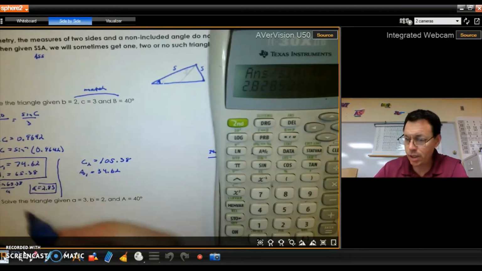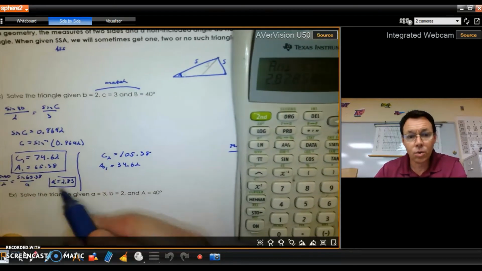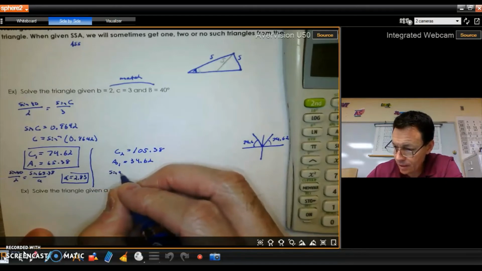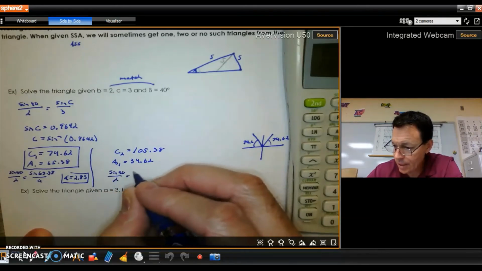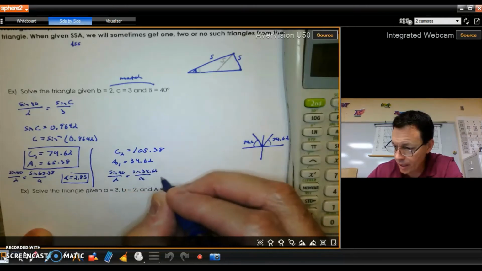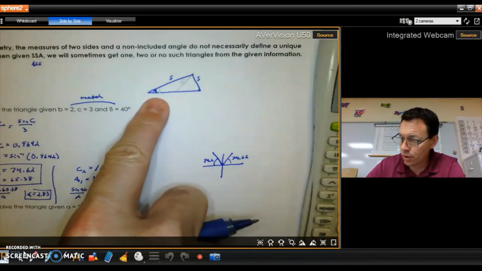So there's the 3 missing pieces of information for this triangle. Or, I'm going to do the exact same thing. Sine of 40 over 2. And now I'm going to do the sine of 34.62 over A. And I'm going to find the possible length of the shorter.